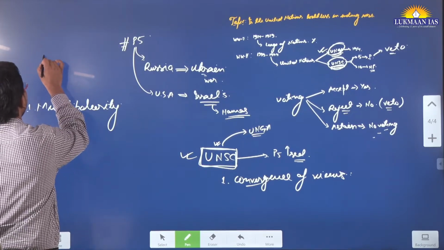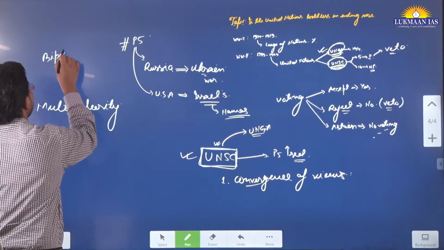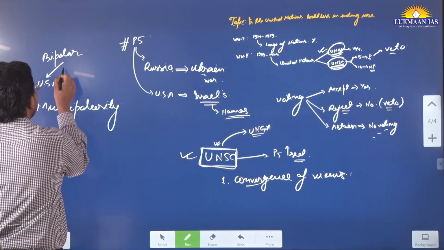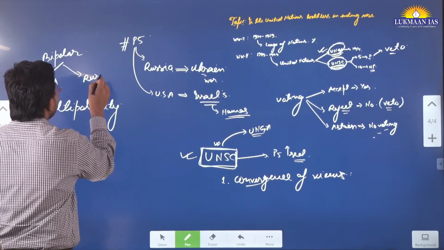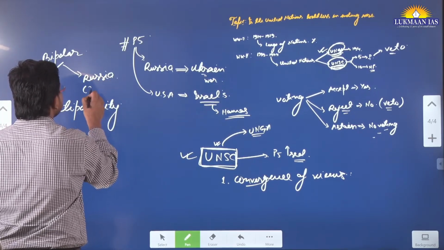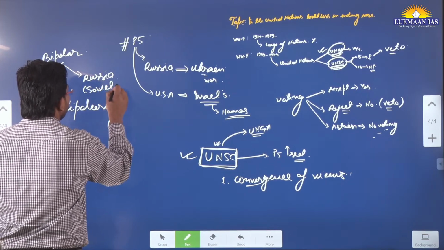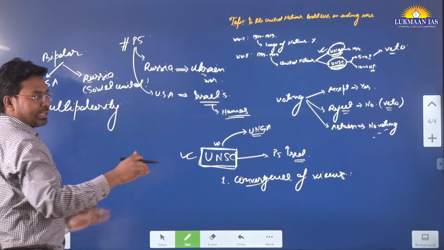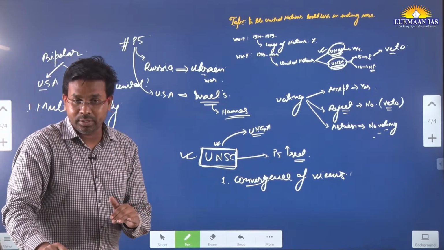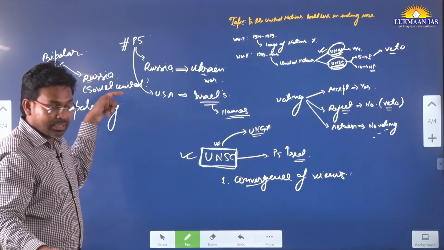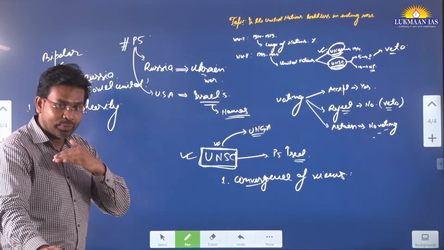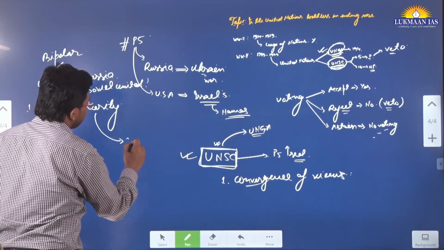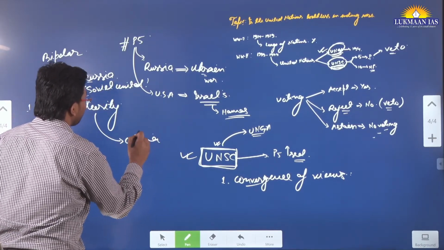Multipolarity means earlier the world was bipolar. In the sense, the power was divided majorly between the United States of America and Russia, or let's say the Soviet Union. It was divided between these two major powers, and other countries played very little role because they were not as powerful. But now, with changing time, many other countries have emerged. For example, China has emerged as a powerful country.